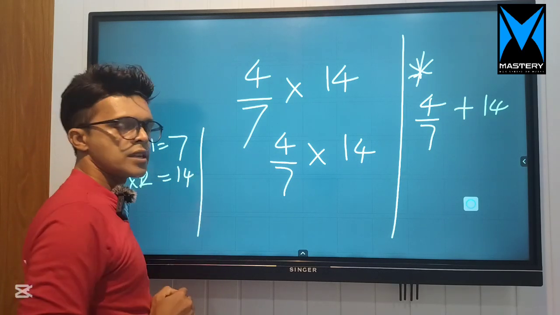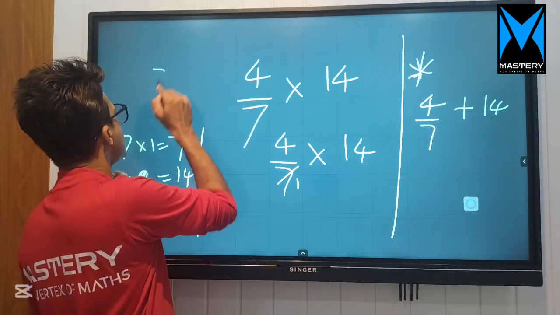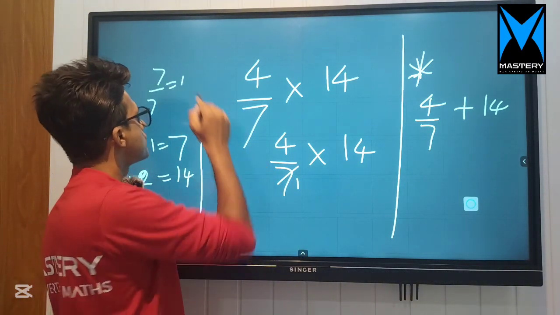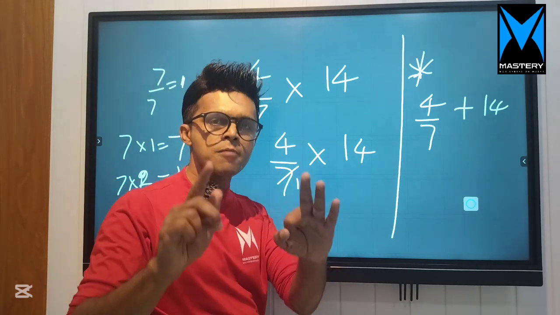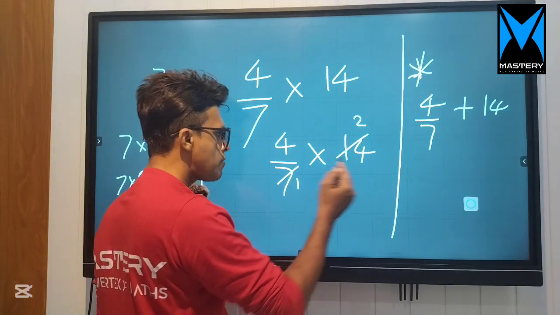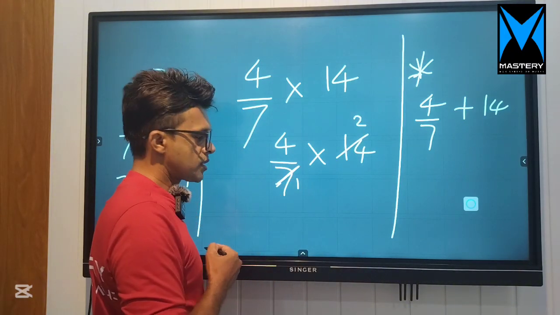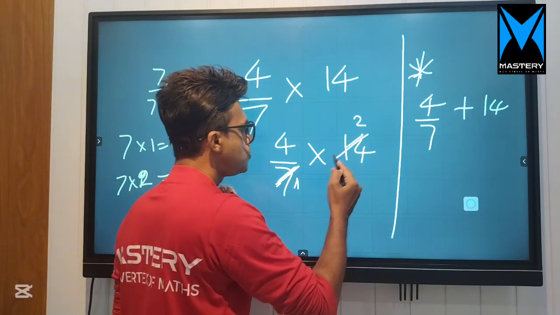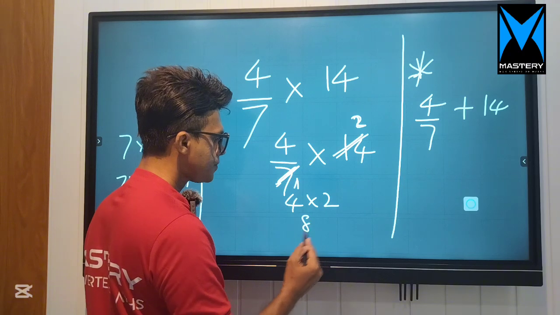So 7 divided by 7 is 1, one time, and 14 divided by 7 is 2, two times. 1 time, 2 times. Then 4 times 2 is 8.